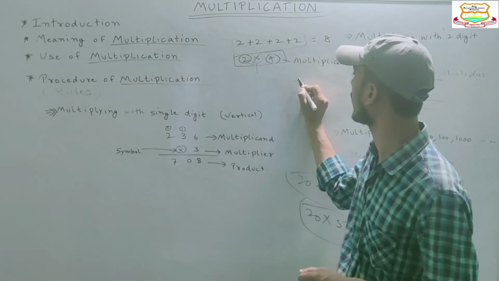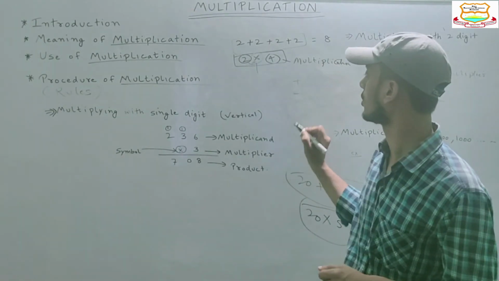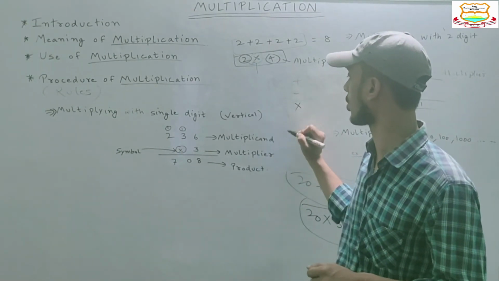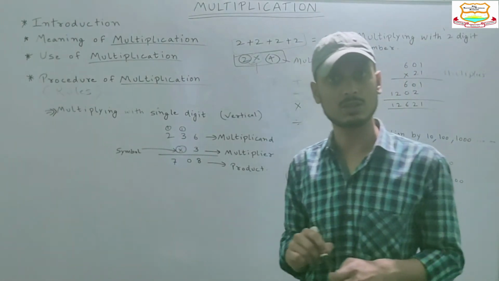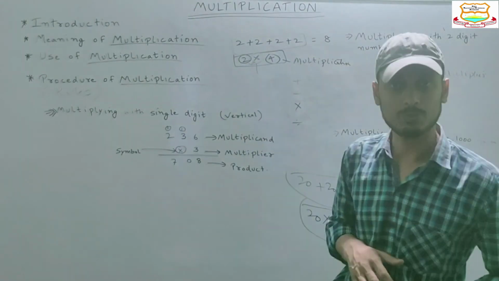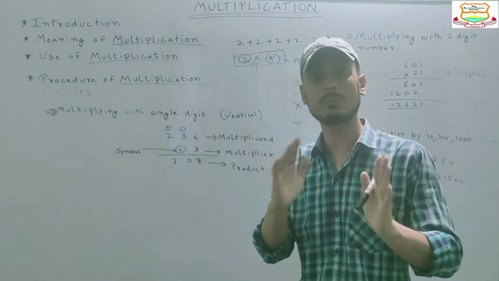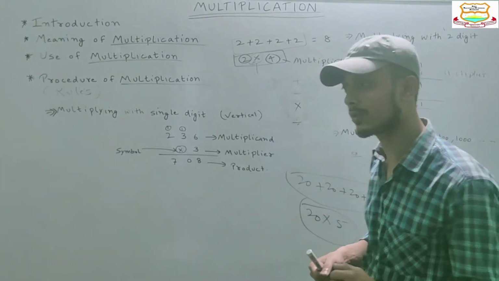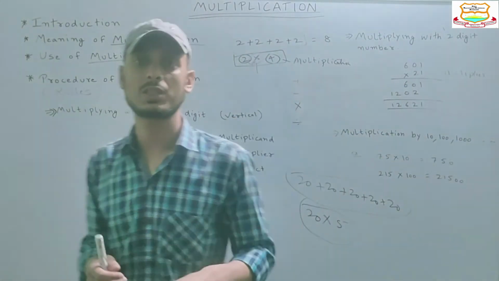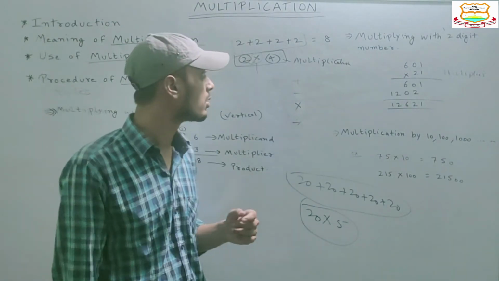This is the symbol of addition, this is the symbol of subtraction, this is the symbol of multiplication, this is the symbol of division. We need to understand these symbols so that we can understand which operation we have to do.